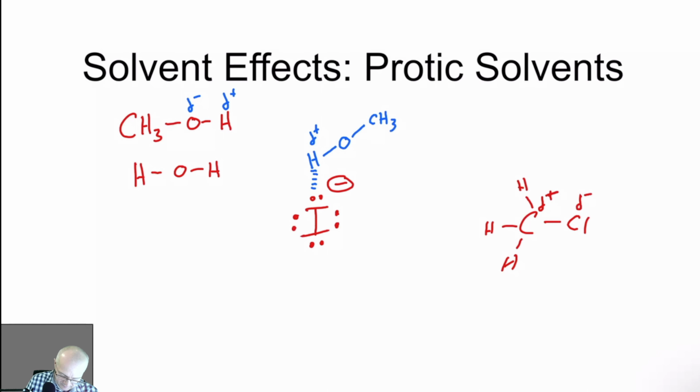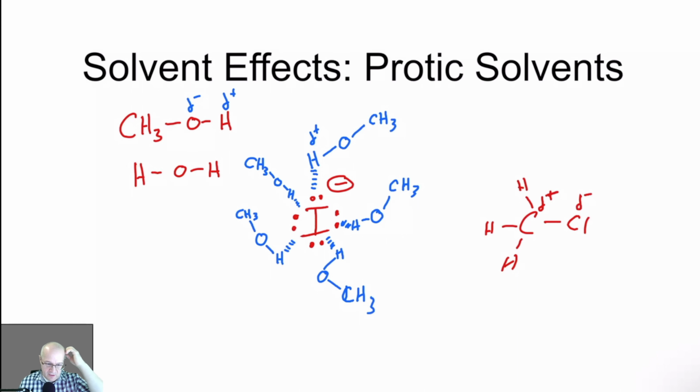And not just one. There we go. So you get the solvent surrounding the nucleophile. So in order for this iodide to attack that carbon, the solvent has to get out of the way.